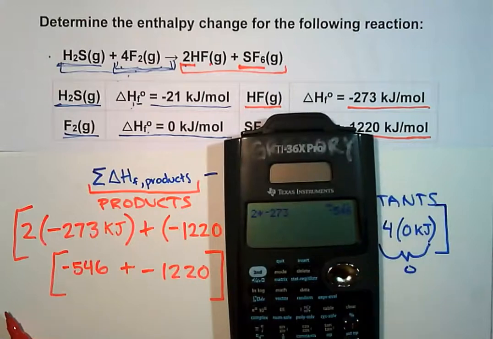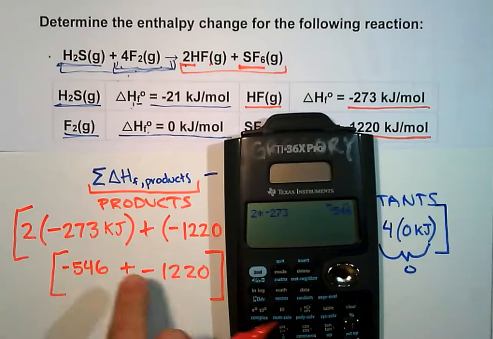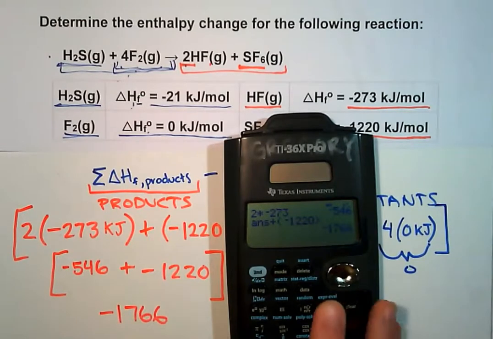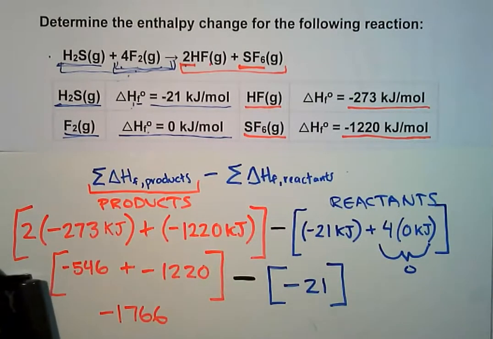Alright, going back to my product side, I'm going to add these two values together. A negative plus a negative should give me another negative, so negative 546 plus negative 1220. That gives me negative 1766. Okay, coming back to my other side, minus, I'm keeping that negative sign carefully, minus negative 21.